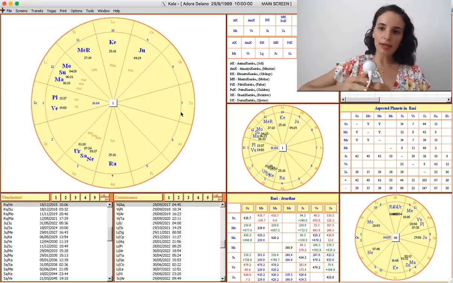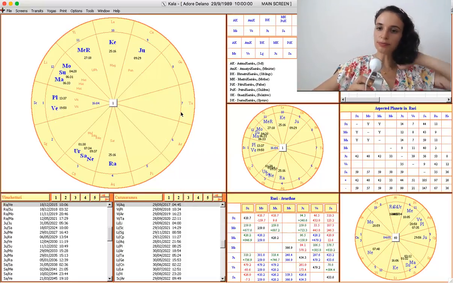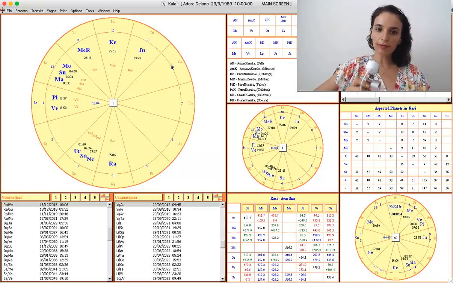And the 7th, as I was saying, is also an indicator of foreign travel. So we travel to distant places to find our own path eventually. I mean, everything the other relates to us.